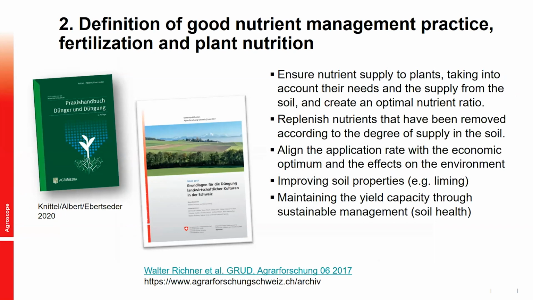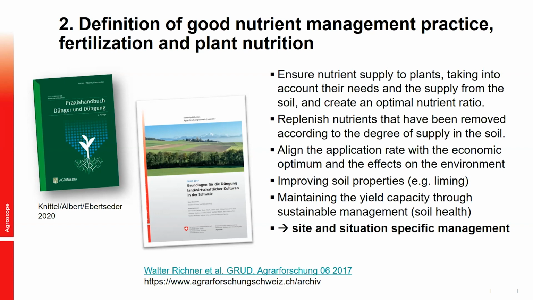We should replenish the nutrients we take off by the harvest from the field. We should align our application rate, of course, to economic optimum, but also to the effects of the environment, basically saying an ecologic optimum. And then we should also improve soil properties and maintain the yield capacity, which basically says maintain soil health.